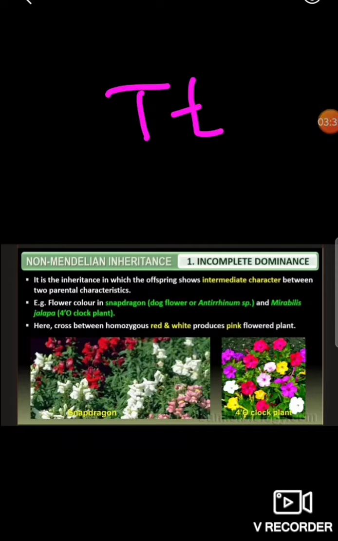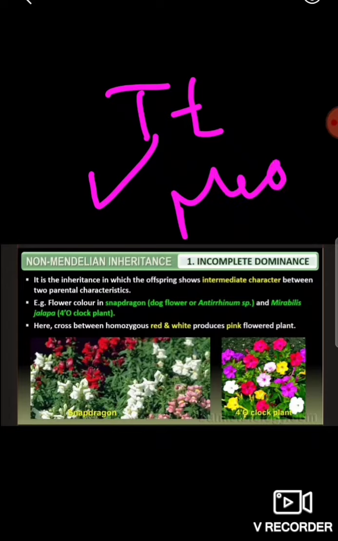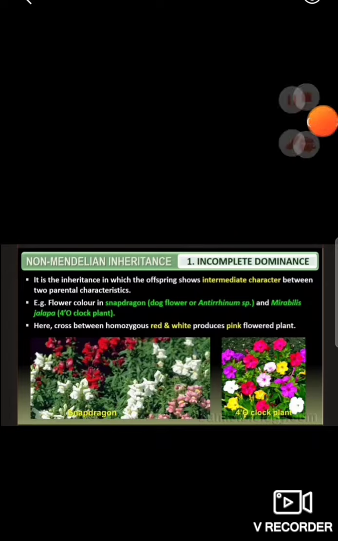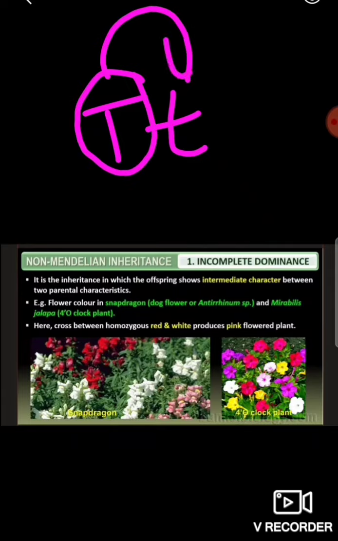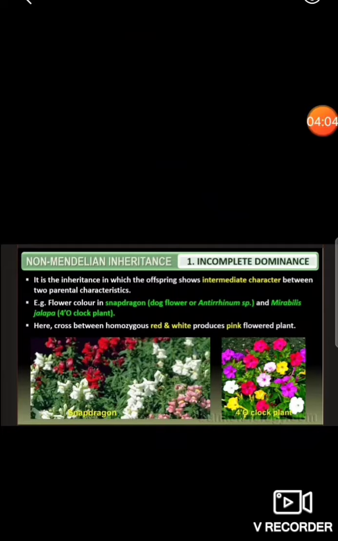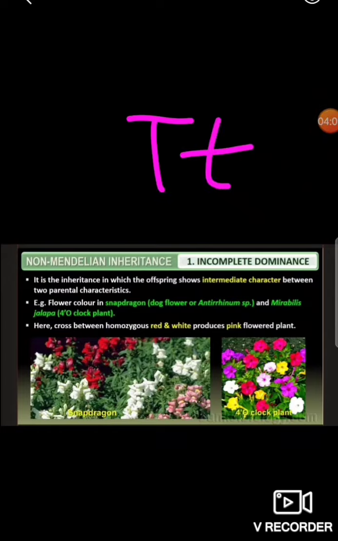When it is heterozygous, capital T and small t, the dominant allele always expressed. That was complete dominance. Here it is incomplete dominance, because the dominant allele is not completely dominant over the recessive allele.